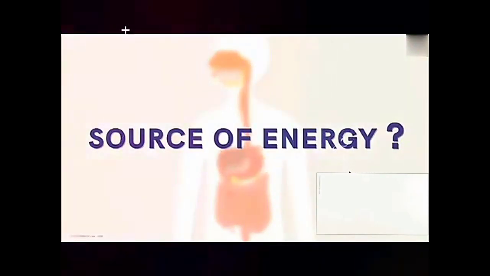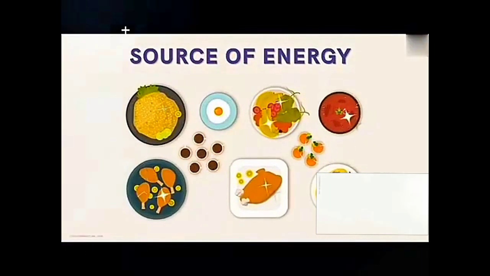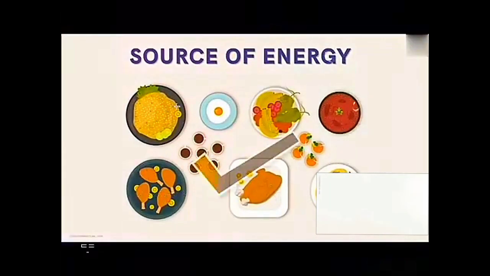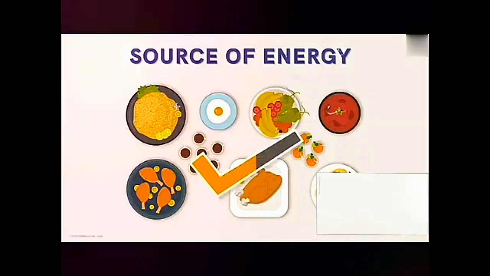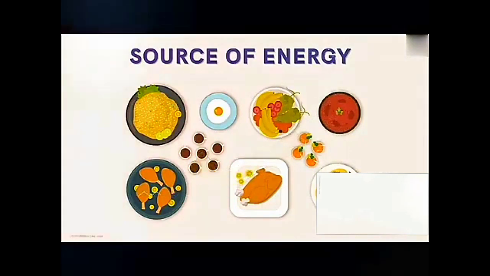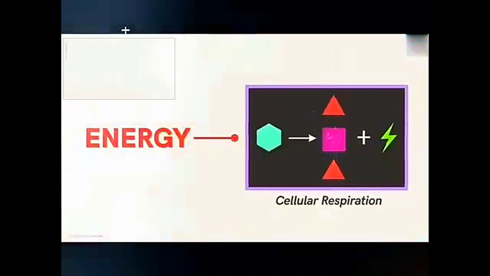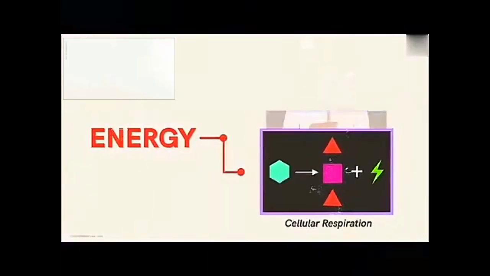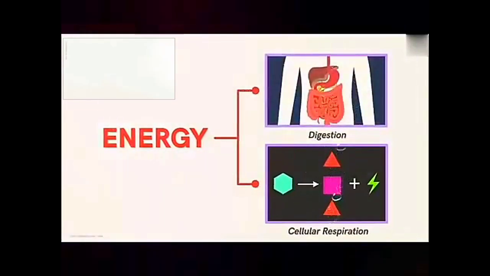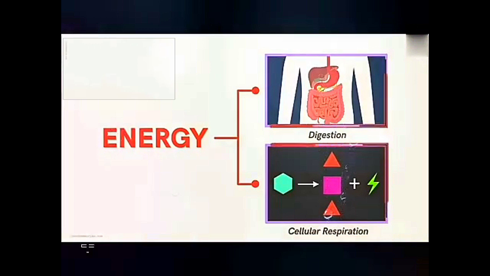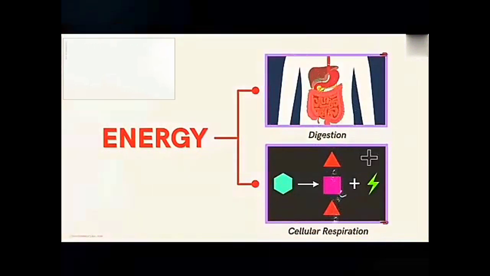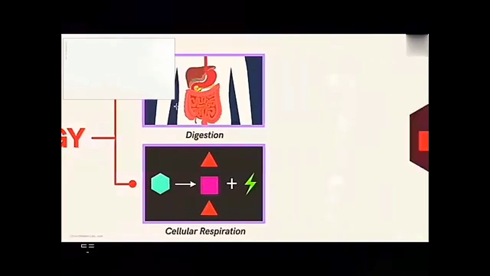We usually believe that energy is gotten from the food we eat. As a matter of fact, that is partly correct. The food is just the starting point for energy. Energy is derived from two processes: digestion and cellular respiration, which follows digestion. These two processes help in deriving energy that is stored in the food we eat.